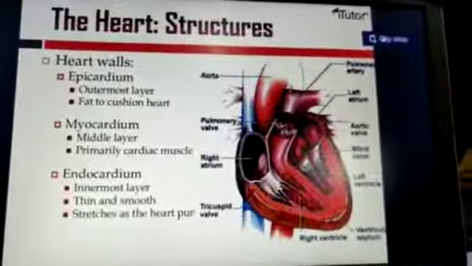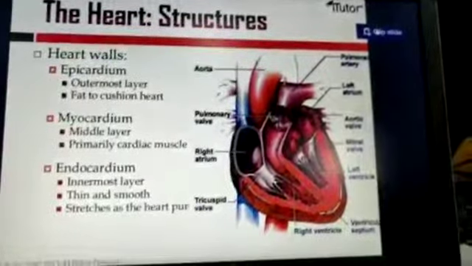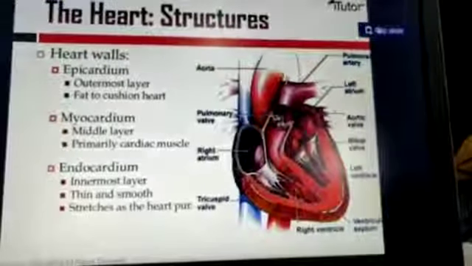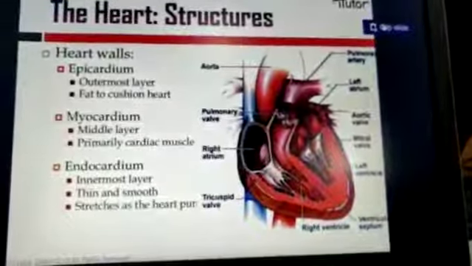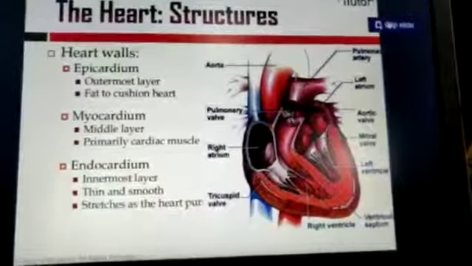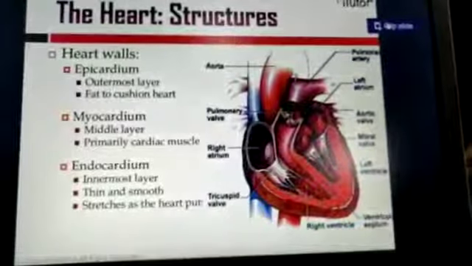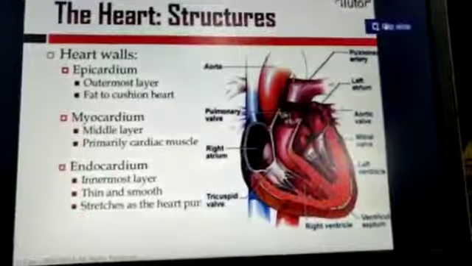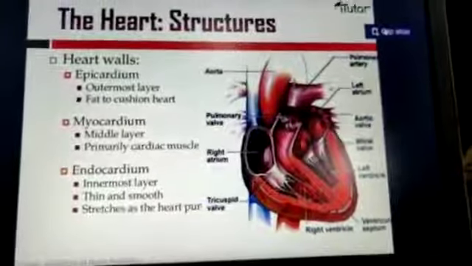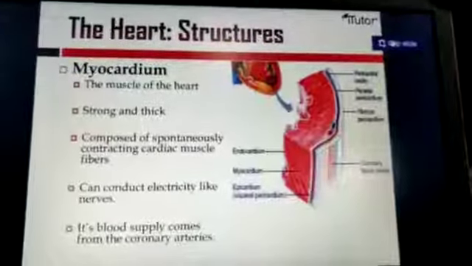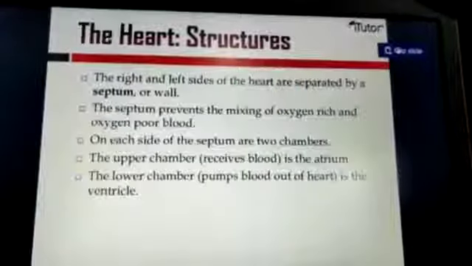There are three types of wall present in this membrane: epicardium, myocardium and endocardium. As the name suggests, epi means upon, the outermost layer; myocardium is the middle layer; and endocardium is the innermost layer.